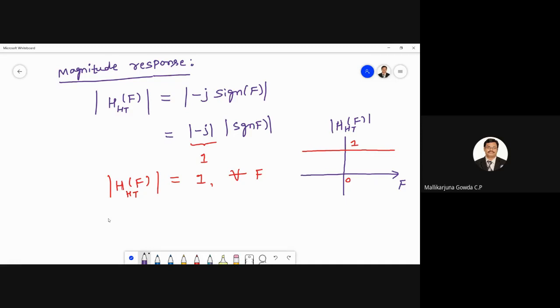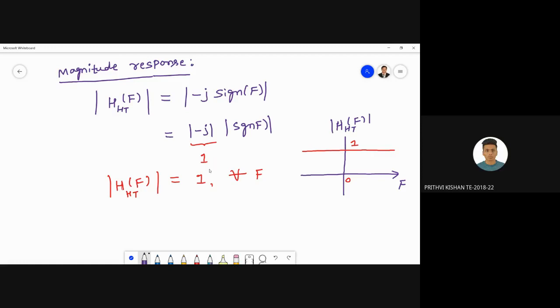No response? Are you not happy with this? I said its magnitude response will be 1 for all frequencies, and I am representing that graphically like this. A student says it should be j. No, the magnitude of minus j will be 1.